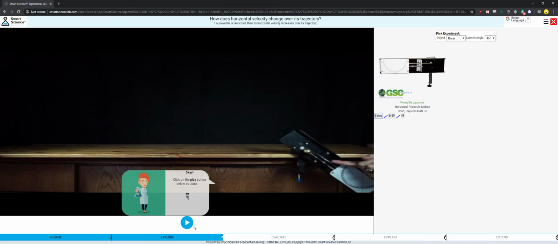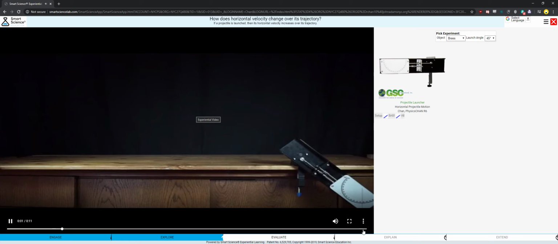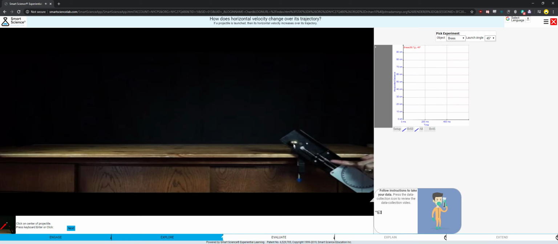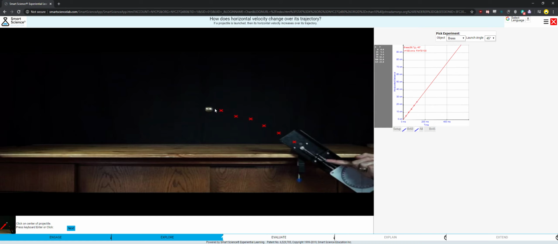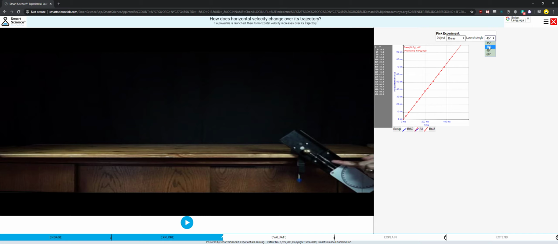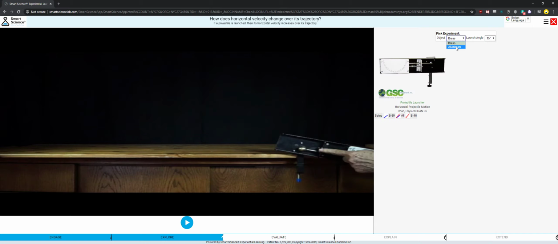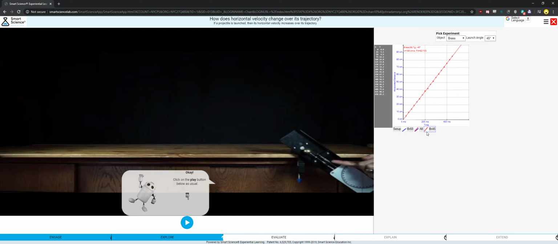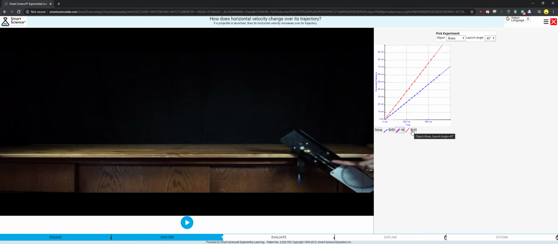So let's actually do this right here. 45 degrees, brass. We're going to do the same exact thing. Click, click, click, click, enter, enter, enter. And perfect. Now you have two graphs, and you're going to do the same thing for all the other angles, but for the sake of this tutorial, I'm just going to leave it at two angles.